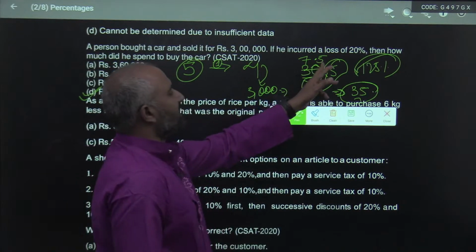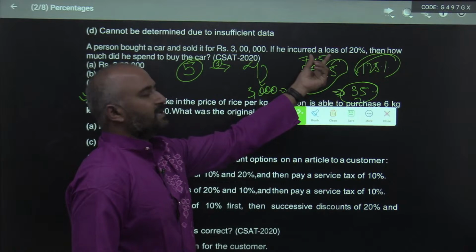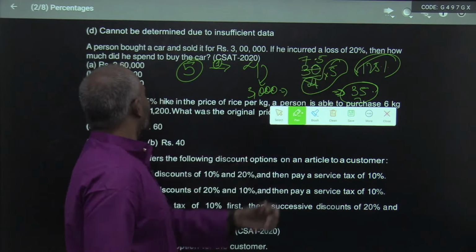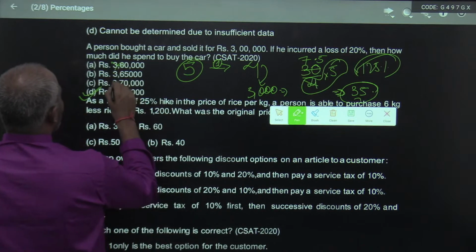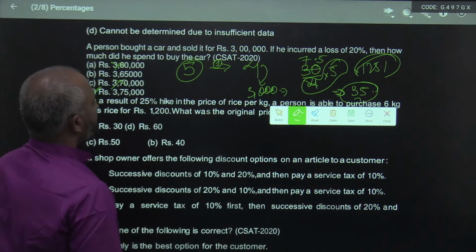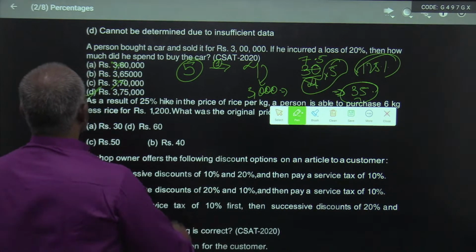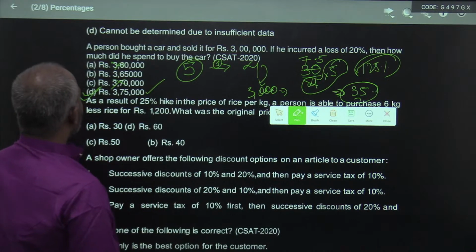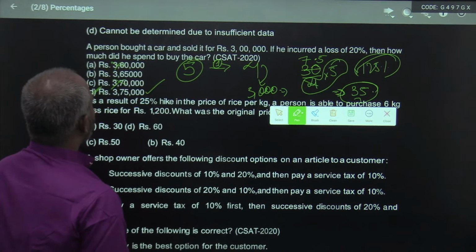Even from here itself you can guess that there is a lingering 5 here, so this will eliminate these two. So 1.25 times, so it is 3,75,000.